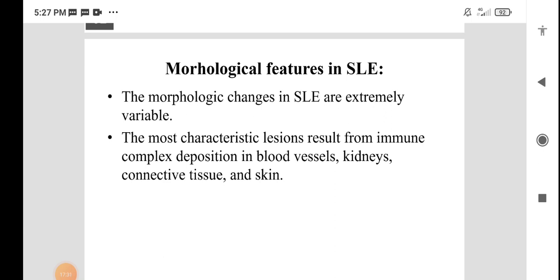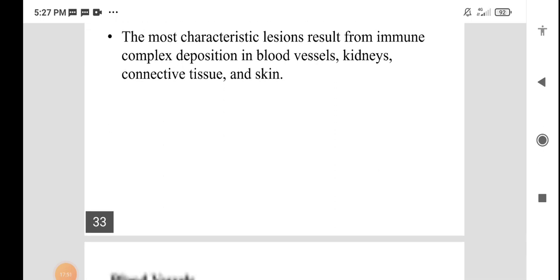Coming to morphologic features of SLE. The morphological changes in SLE are extremely variable. The most characteristic lesions result from immune complex deposition in blood vessels, kidneys, connective tissue and skin.